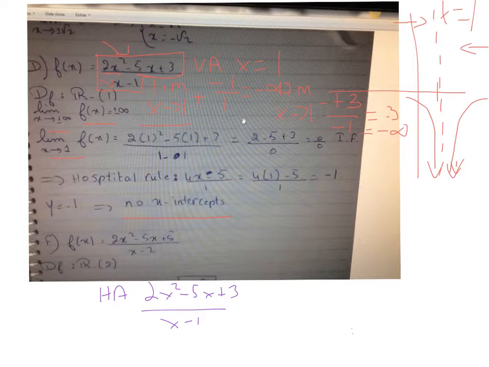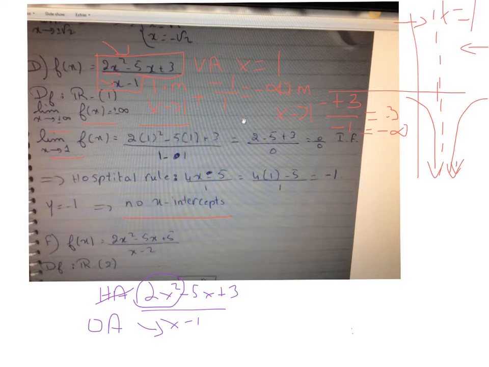Now, what's happened here is we have a higher degree in the numerator than any of the terms in the denominator. And so instead of a horizontal asymptote, we will have an oblique asymptote.